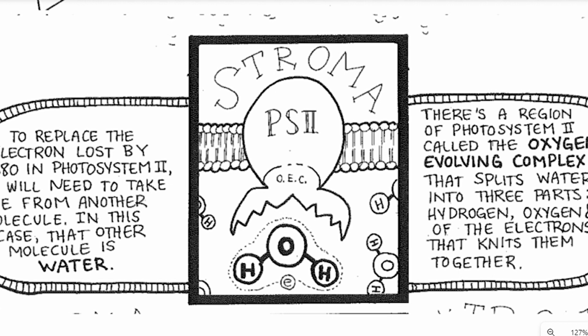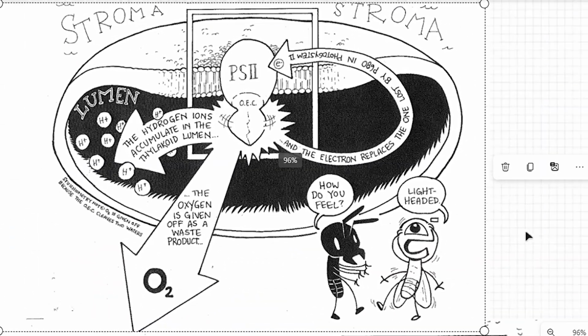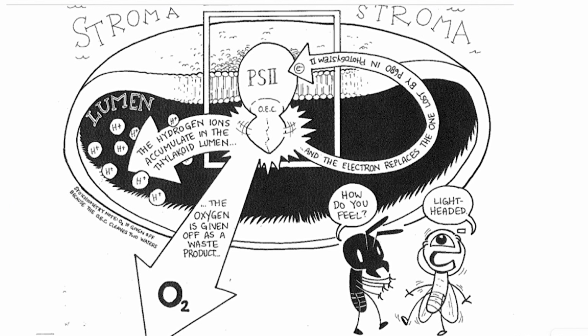The OEC will split the H2O molecule and take its electrons to PS2, release the protons in the lumen and crank out oxygen molecules during this process. That means finally Wilbur got his head back. That means PS2 has replenished its electron.